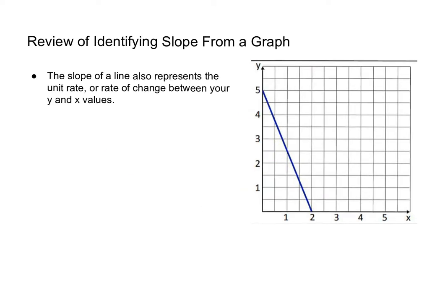Something else we looked at is that the slope of a line also represents the unit rate, or the rate of change between our y and x values. So let's give this graph a story. Let's say that this graph is the story of hiking down a mountain.